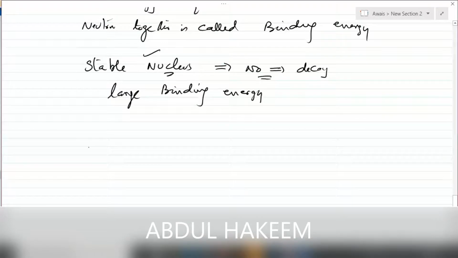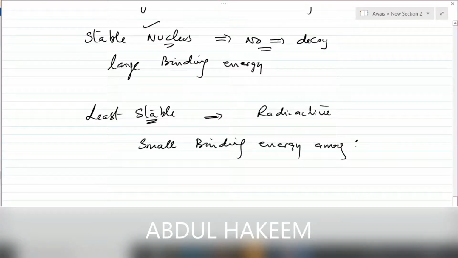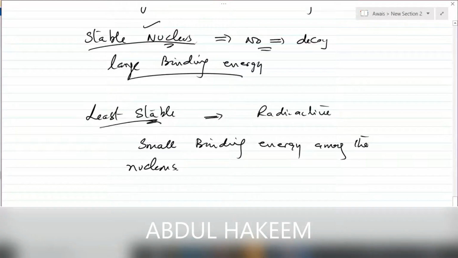But any nucleus which is least stable, unstable, must be radioactive, it has a tendency to decay because it has small binding energy among the nucleons. So stability: a stable nucleus has large binding energy, and the least stable has small binding energy.